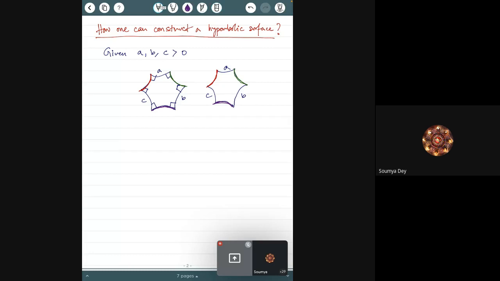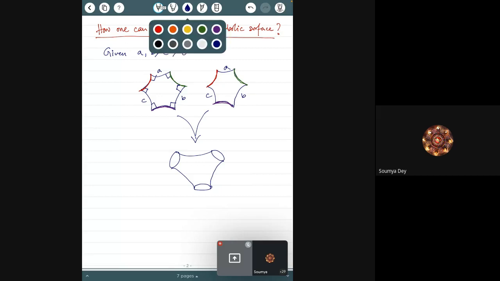So suppose you glue these two. You will get something like this with some property, right? What is the property? Namely, the lengths of these boundary components we will know, right?